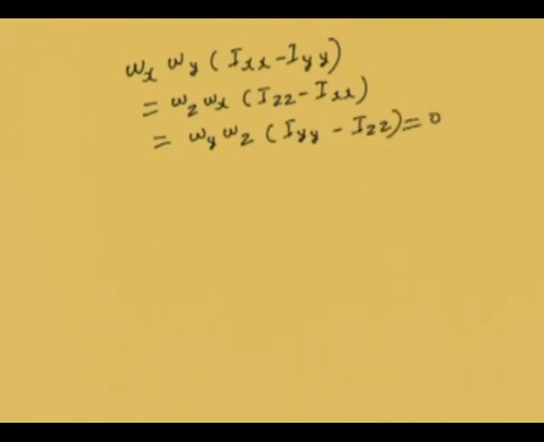This requires that at least two of the components of angular velocity are 0, that is, the angular velocity is along only one of the principal axes.